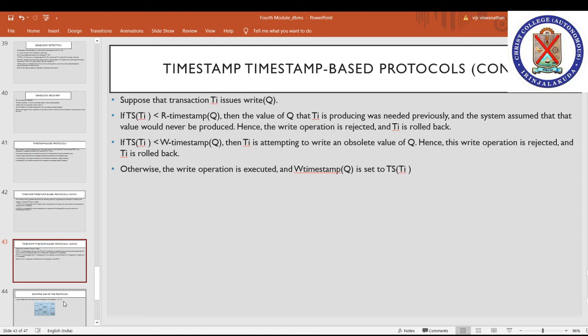Next case, if the timestamp of Ti is less than the write timestamp of Q, then Ti is attempting to write an obsolete value. Hence, the write operation is rejected and Ti is rolled back. Otherwise, the write operation is executed and the W-timestamp of Q is set to TS of Ti.